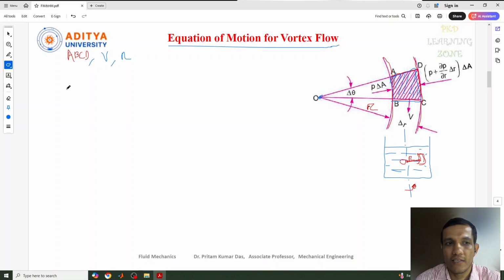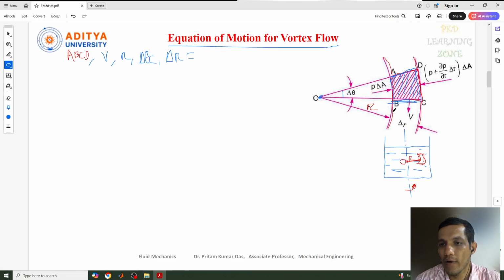The next term is delta theta. Delta theta is the angle subtended by the element. With respect to point O, this fluid element made an angle of delta theta. Next we can consider delta r.